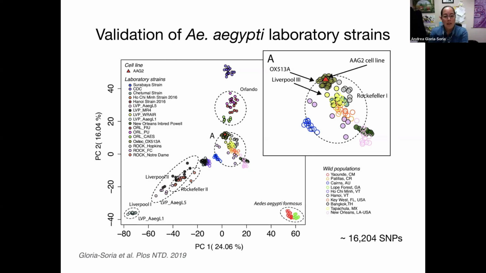And here what I'm showing you is a principal component analysis that groups the mosquitoes according to their genetic variation. What we can see here is that we have the Liverpool strain in the bigger panel in 3 different locations.